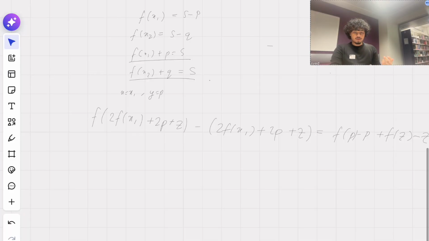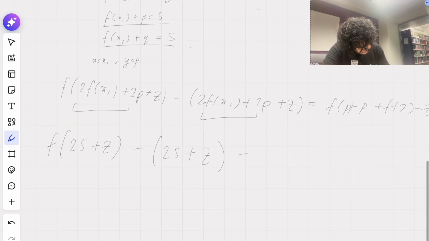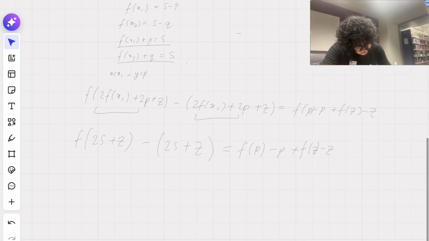And then notice how this and this is just equal to 2s, so f(2s + z) - 2s + z is equal to f(p) - p + f(z) - z.